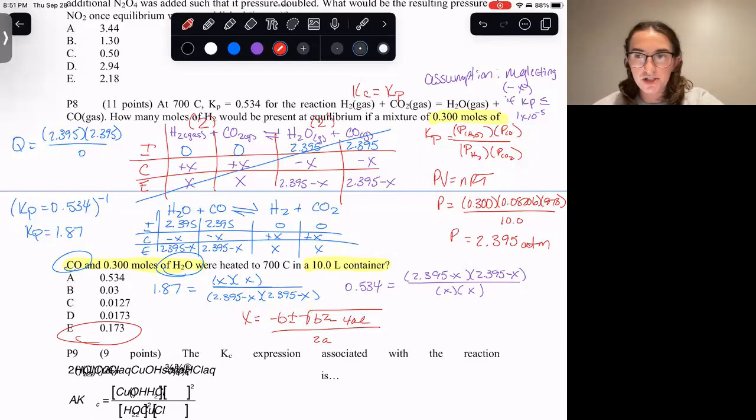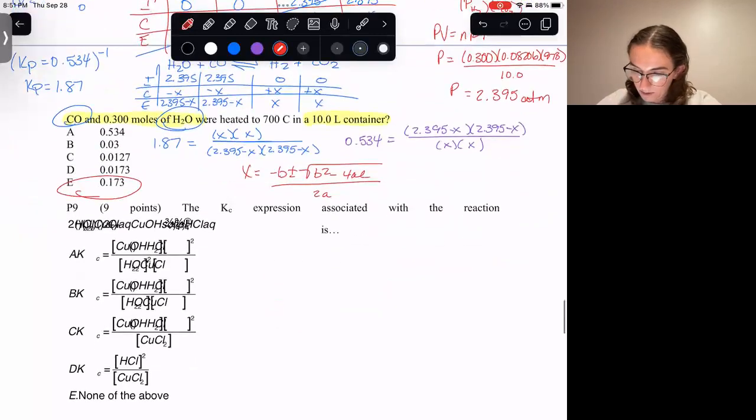Does that help with question 8? Yes, you could do that, Jackson. Right, so you can say, we'll just do this in purple. We can say 0.534 is equal to 2.395 minus x, squared, over x squared.